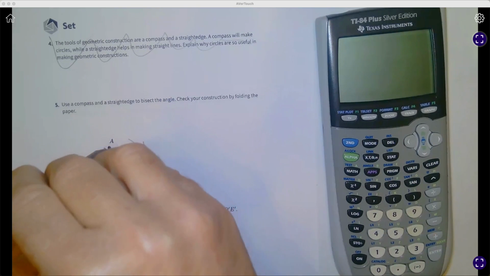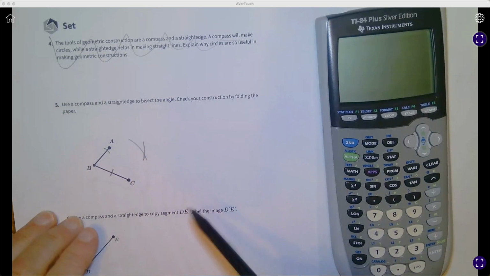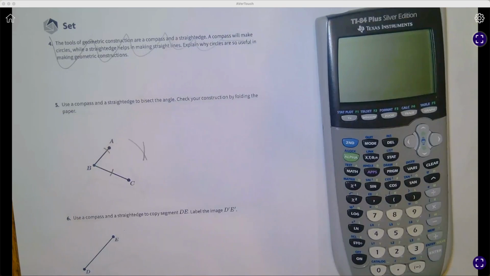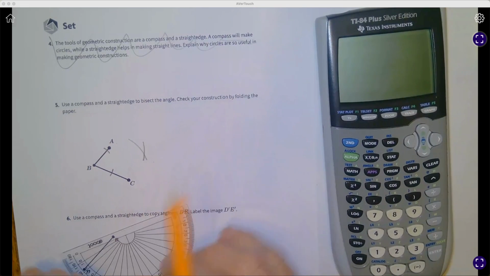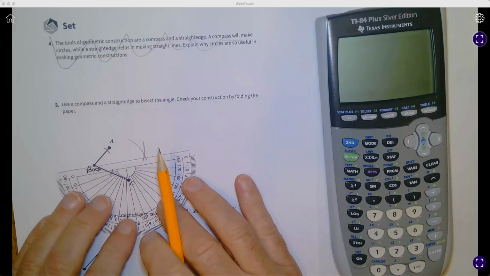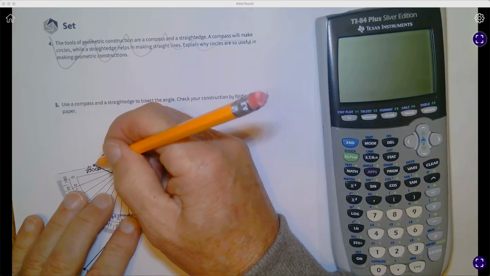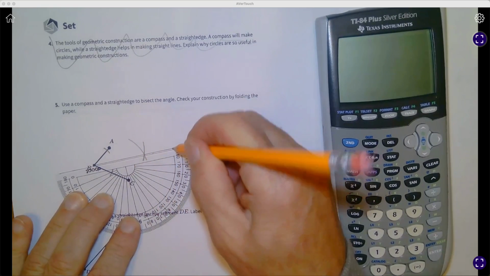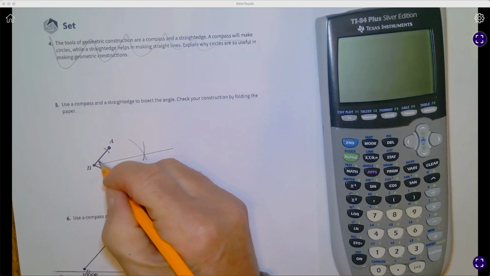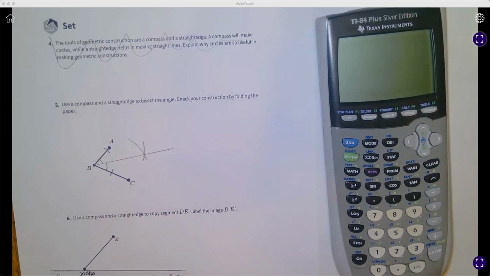And I just created an equal distance away from those 2 points. And that arc where those 2 arcs intersect is another point that will create a bisector of that angle. So that means that this angle and this angle are congruent because I bisected it. All right? Not bad. Not bad at all.